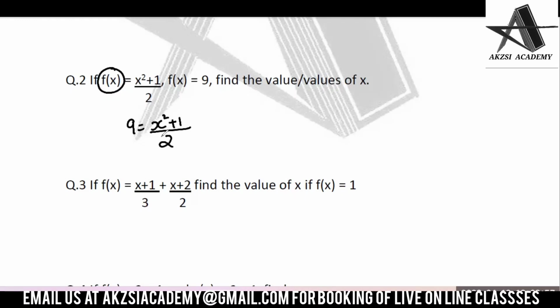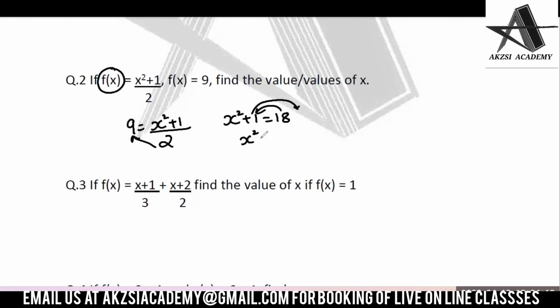What you need to do, just cross multiply. It will go up there. The equation is now x squared plus 1 is equal to 18. This is a quadratic equation. Clearly you can see because the highest degree or the highest power of x is 2. I need to transpose 18 onto the left hand side, or what I can do, I can move 1 to the right hand side.